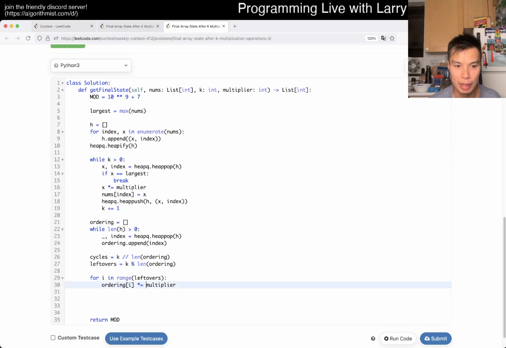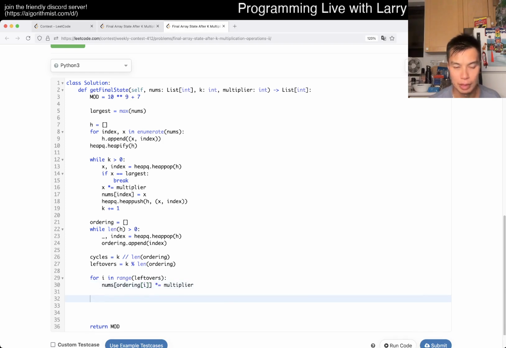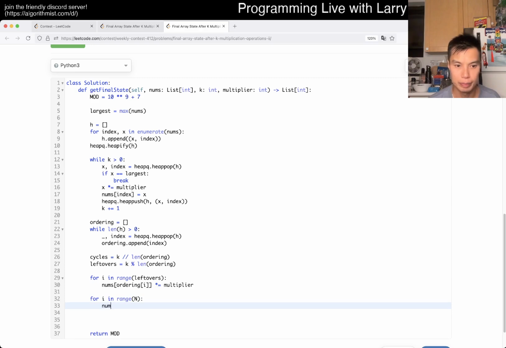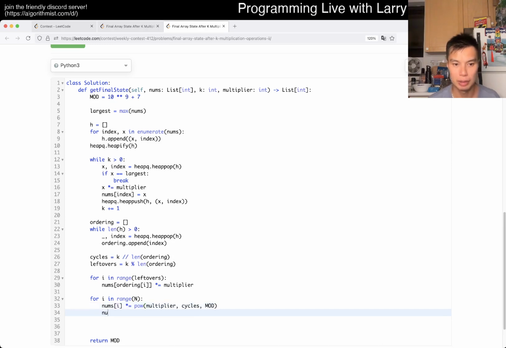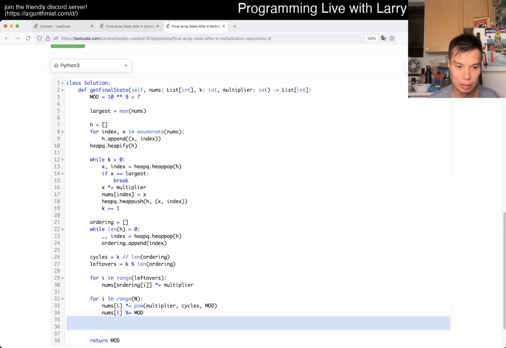Ordering sub i is going to be the index, so then it's nums of order. Okay, and then all the other ones by cycles. So it's going to be pow of multiplier, cycles, and then mod, right? And then nums of i mod.